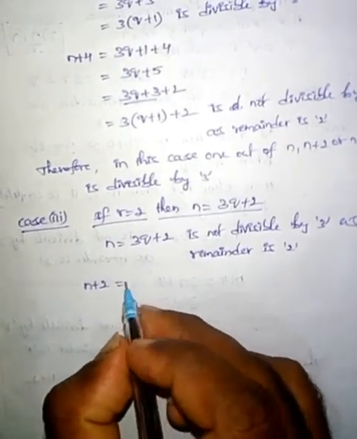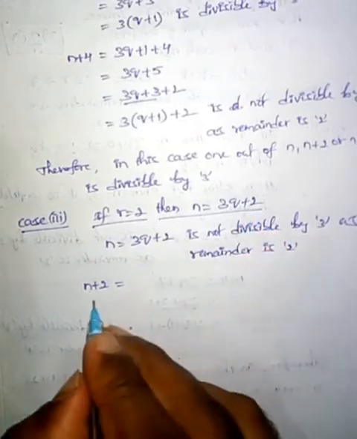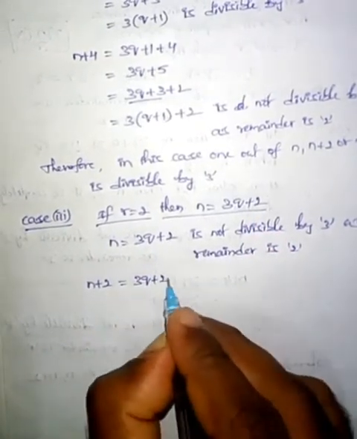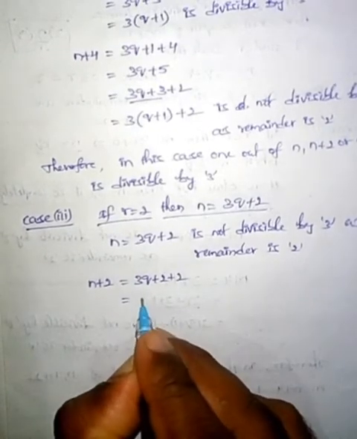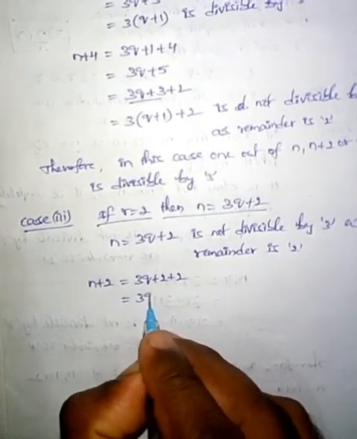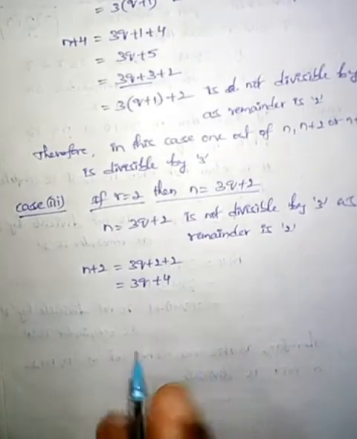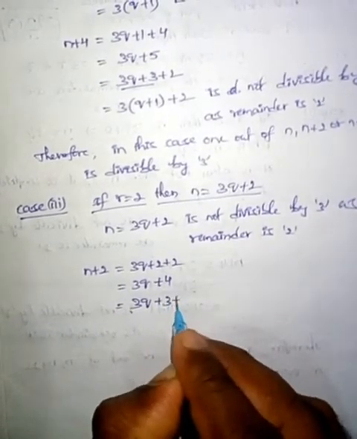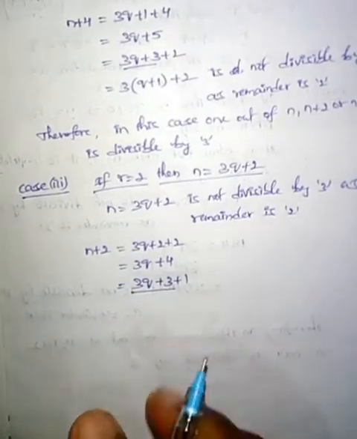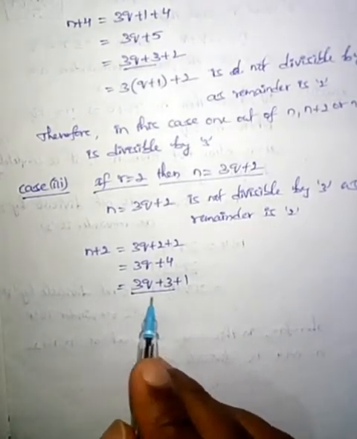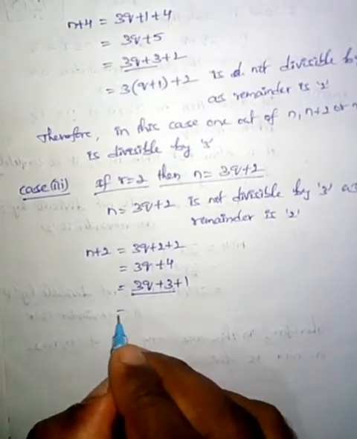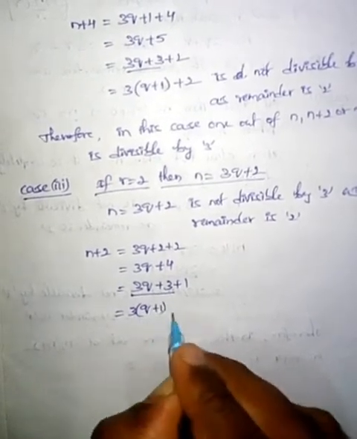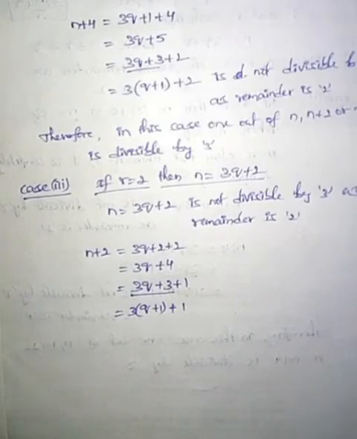Now coming to the n plus 2 value. So what will be the n plus 2 value? Here n is 3q plus 2. So write the n value 3q plus 2 and next write the plus 2 also. So this is 3q plus 4. Okay. So you can write 4 as 3 plus 1. Now from these two terms you can take 3 as common. So if you take 3 as common you will get q plus 1. So that is 3 into q plus 1, plus 1.